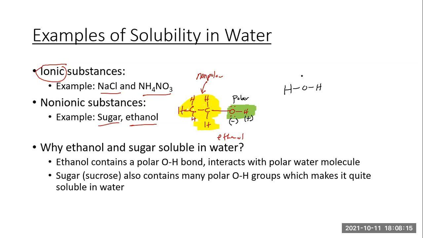And that again is because the oxygen is negative here, in water, hydrogen is positive. So opposites attract. The oxygen from one will be attracted to the hydrogen in the other. This creates, as we'll talk about, what is referred to as hydrogen bonding. And it allows something like ethanol to be very, very soluble in water because it has this small part.